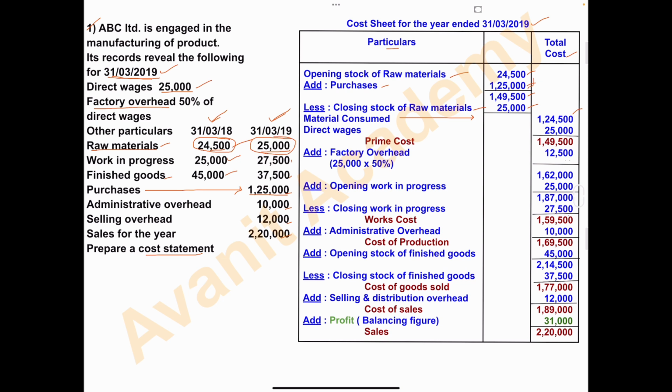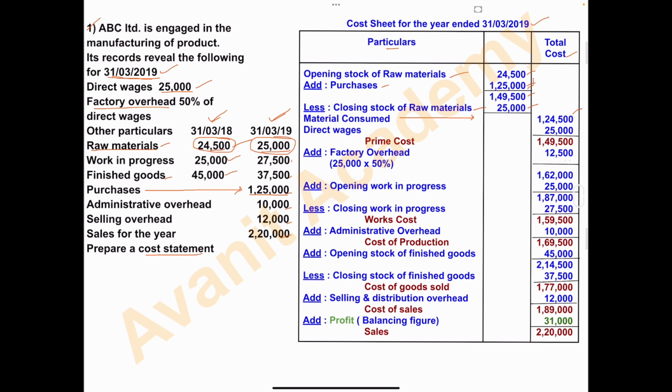First, what do we have to take? Opening stock of raw material and purchases. In some problems, they'll give you certain expenses related to purchase of raw material, that is freight, octroi, carriage inward, etc. All these expenses we have to add. In this problem, we have got only purchases.